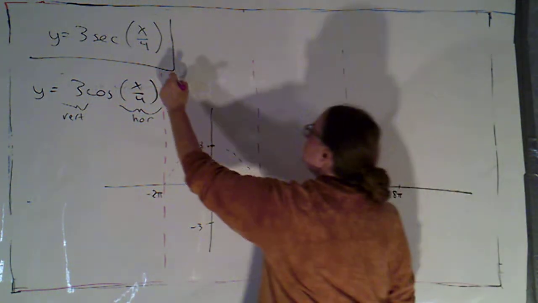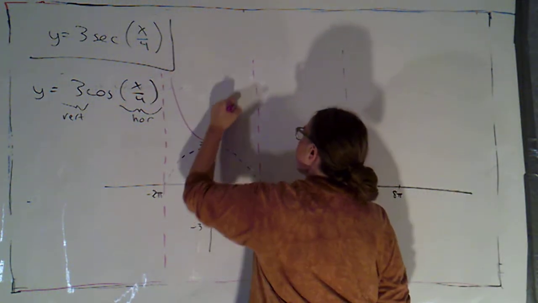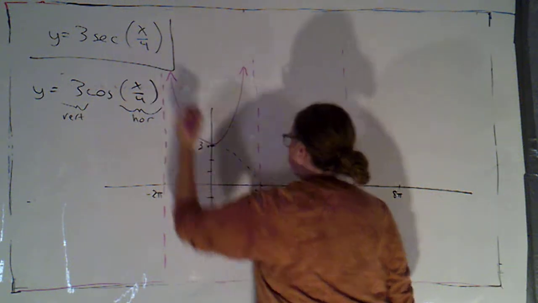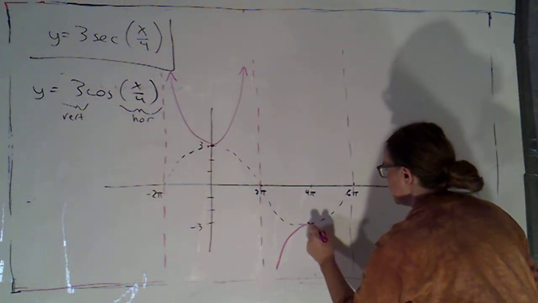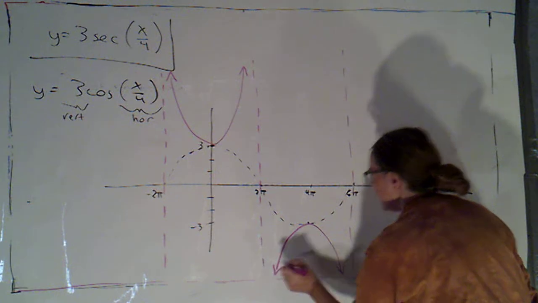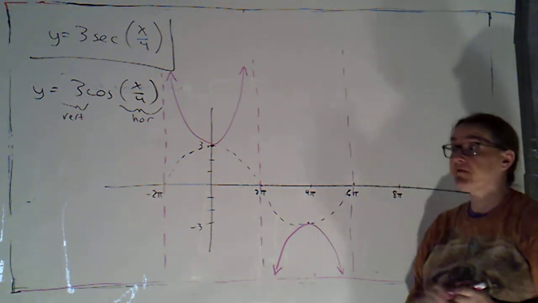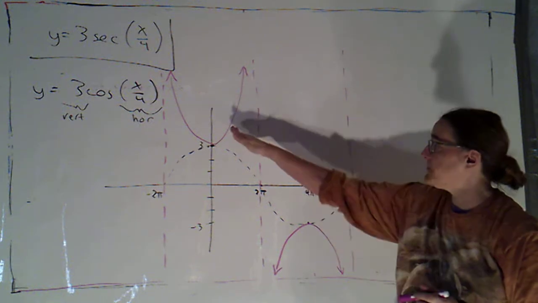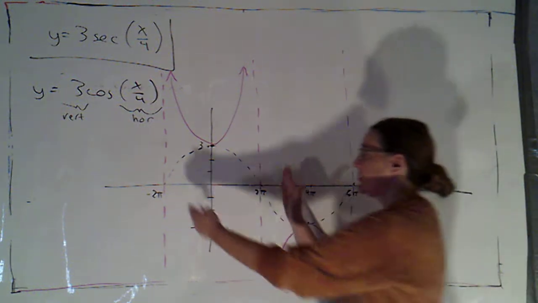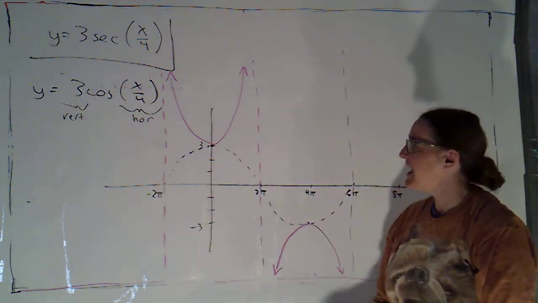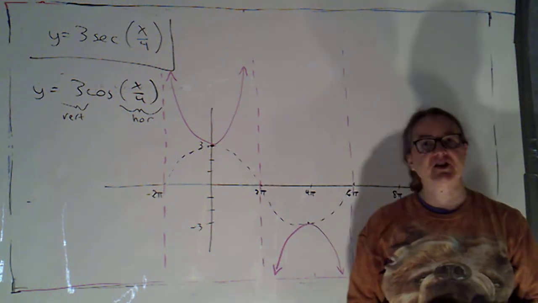And then I can flip the bumps. So we're getting something that looks like this. The same basic idea. We've got these alternating U-shaped curves, but the location of the asymptotes has moved, and the high and the low points have changed.